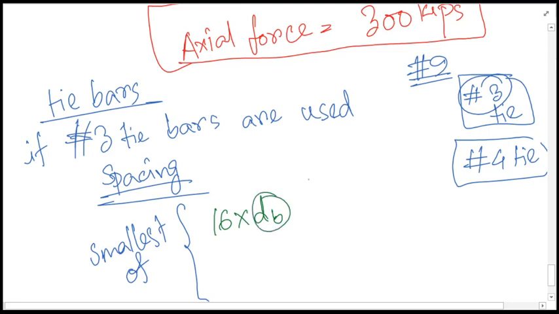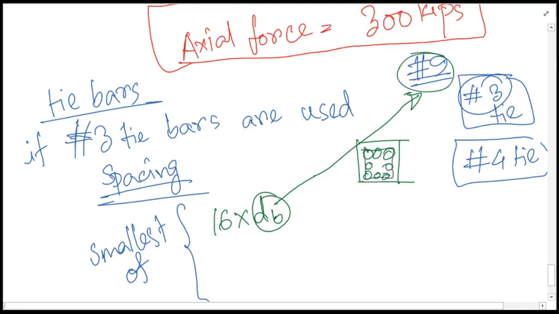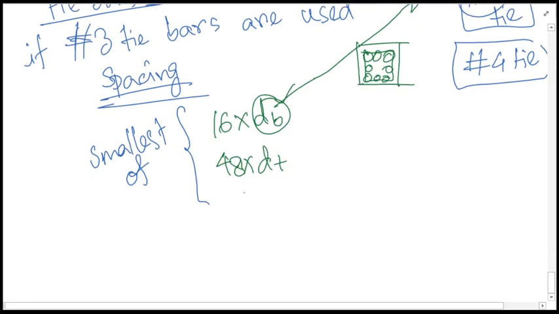Bar diameter means the number 9 bars, the maximum bar diameter used. If you use multiple different bar sizes within the main reinforcement, the maximum bar diameter will be used here, as you know. Then 48 diameters of the tie bar, and finally it will be the minimum dimension of the column.